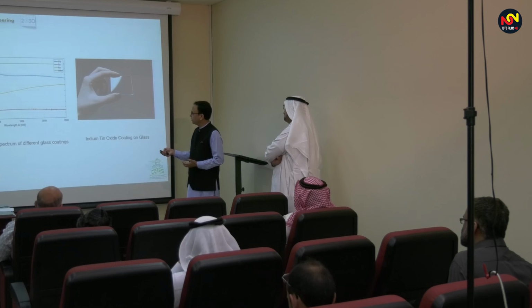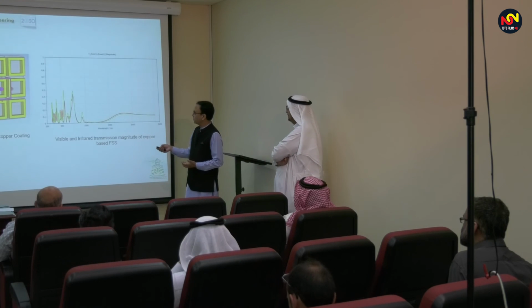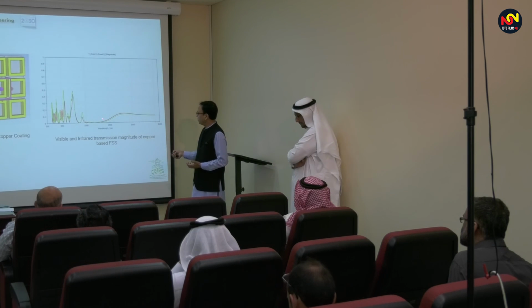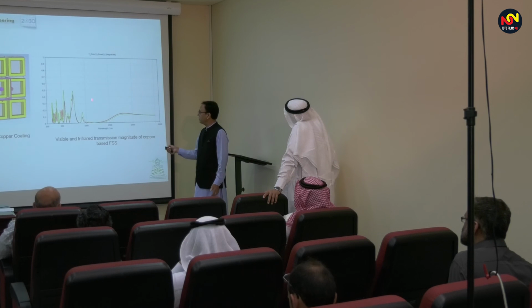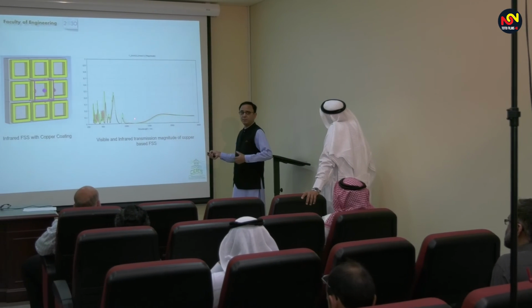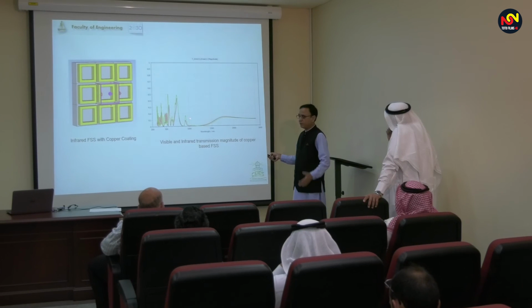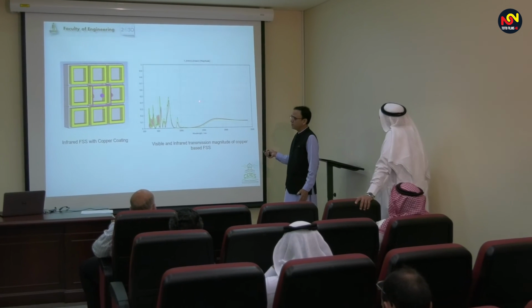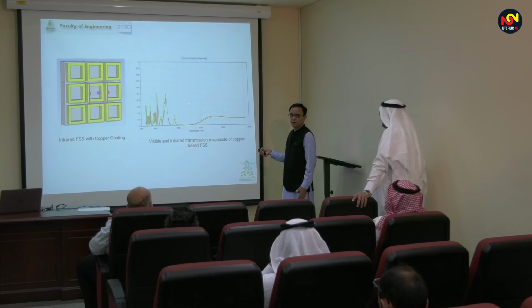When we put it into the simulation, we did the simulation for others, but copper gave us, you see here, this is ideal, actually 100% heat stop, which you cannot find even from the biggest companies in the world that make this energy saving glass. They have about 70%, 80%. They cannot go beyond that, but in this case, you can go to 100%.